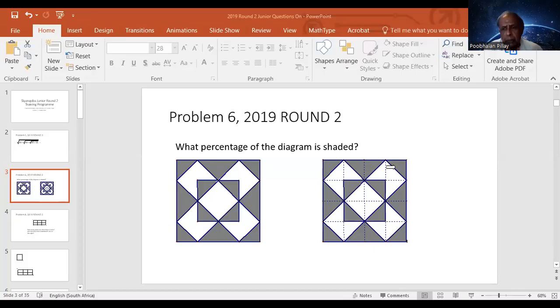Look, each one. The shaded part is half the small square. So by drawing these lines, you can see that each square is half shaded. So it stands to reason that the entire shaded region is 50%.